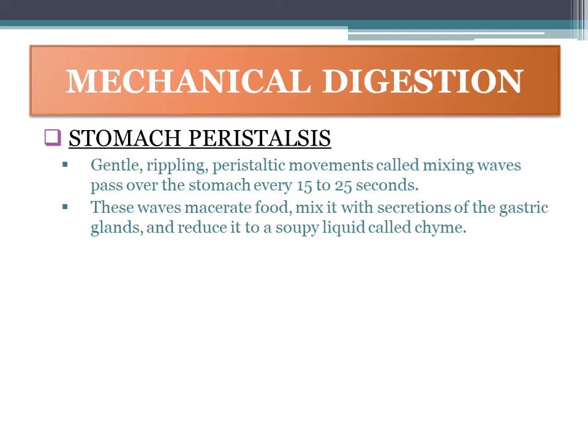A gentle rippling peristaltic movement called a mixing wave passes over the stomach every 15 to 25 seconds. This wave will macerate food and mix it with secretions of the gastric glands and reduce it to a soupy liquid called chyme, as we looked at earlier in the introduction.